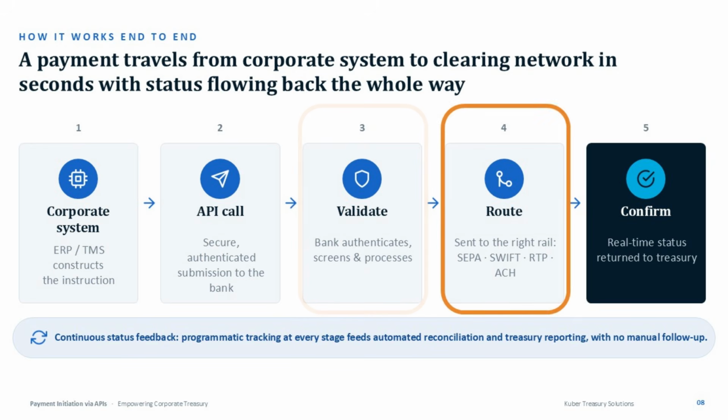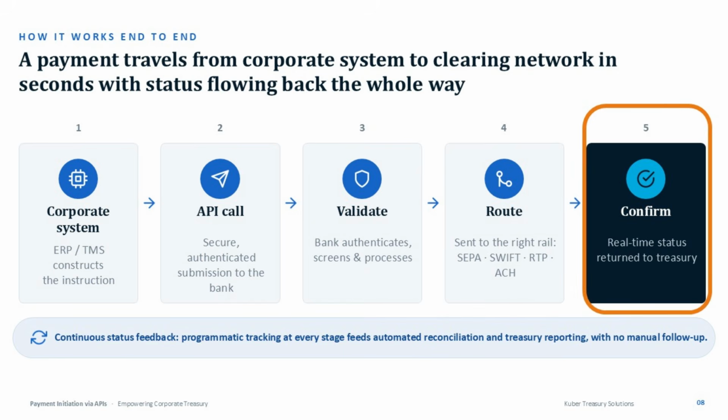Then comes step 4, routing. The bank sends the payment toward the correct payment network. Okay, depending on the payment, that might be ACH, RTP, SWIFT, or another payment method.